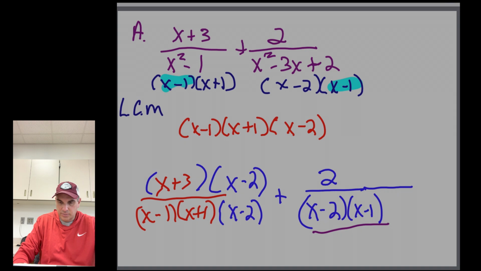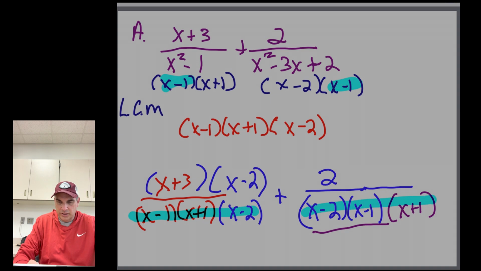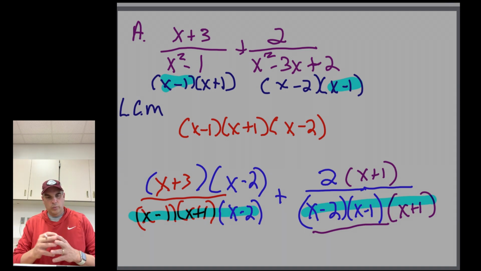I don't have an x plus 1, so I have to add an x plus 1 in there because these two things have to be the same, in different order, but that's okay. So since I've multiplied x plus 1 to this one, I've got to multiply x plus 1 to that one as well.